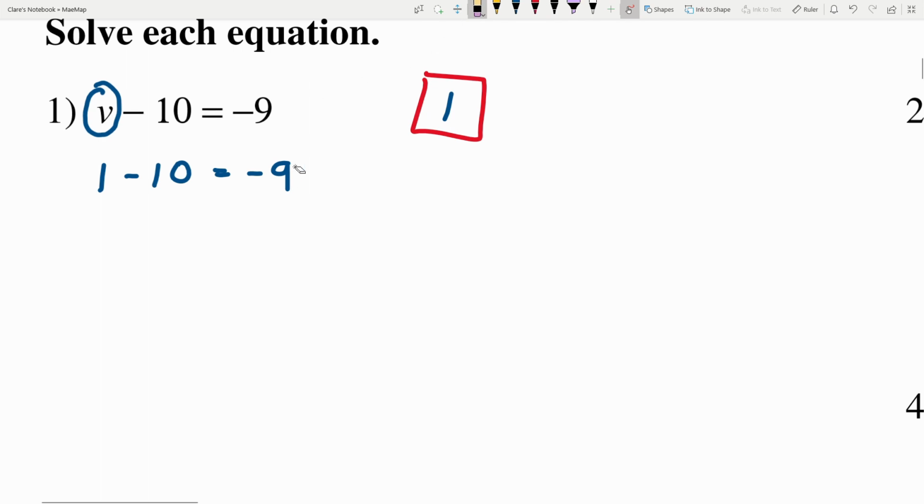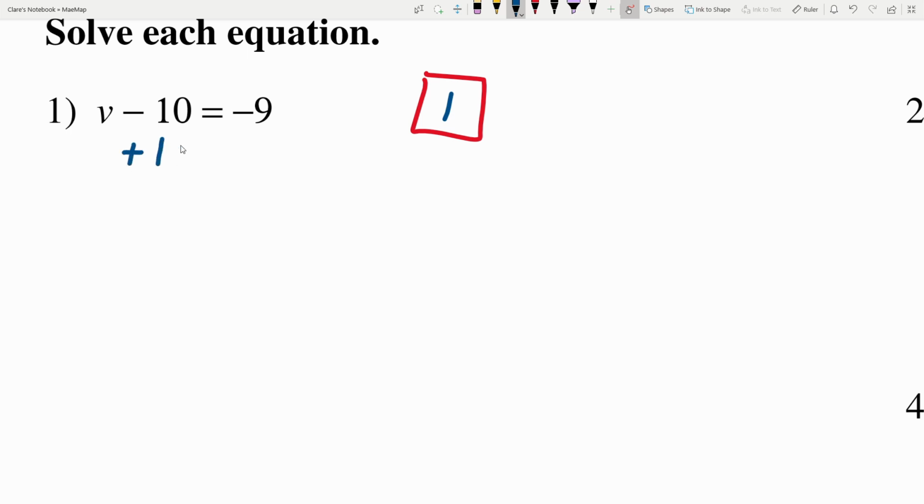But let's start with some good practice and solve for v by manipulating our equation. So v minus 10 equals negative 9. If I want to solve for v, all I have to do is get rid of this 10. So I want to isolate v, meaning get it all by itself.